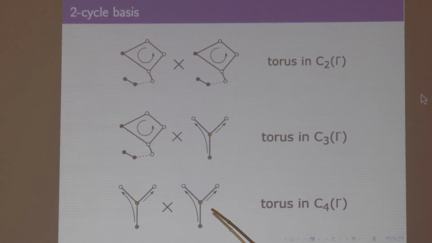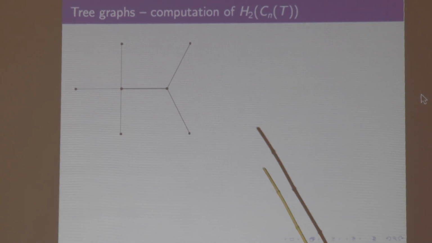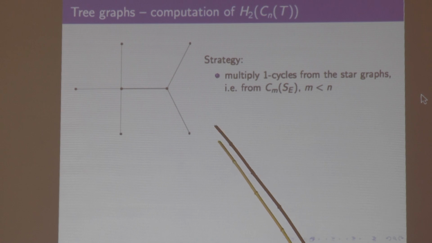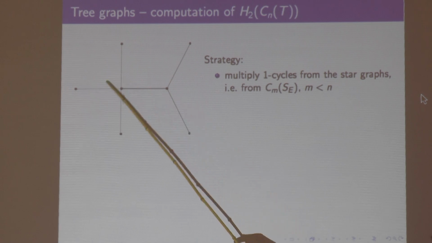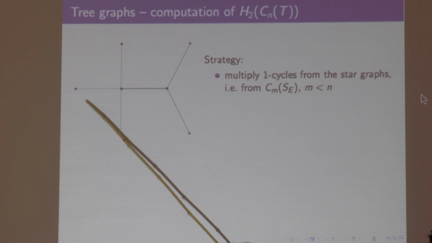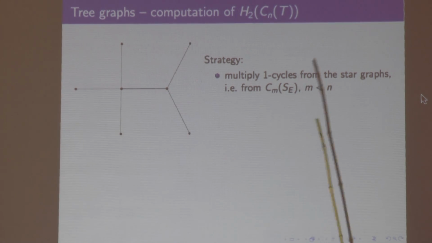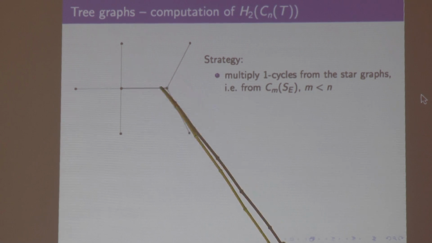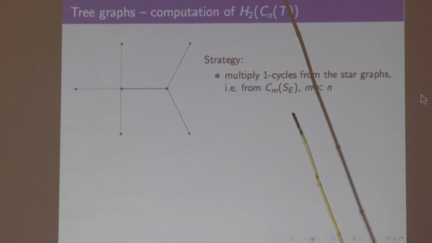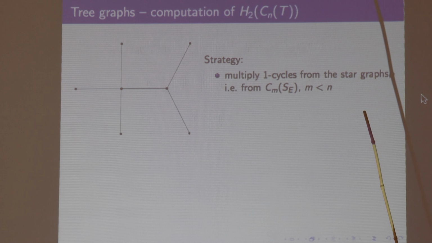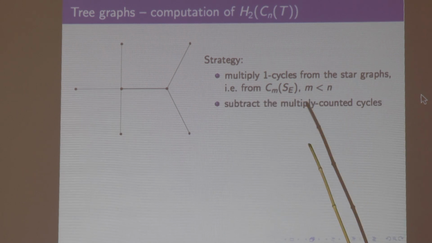So our idea is just to look for those tori and see what the number of those tori is in this big configuration space. The simplest example is 3 graphs. The idea is to put some number of particles on one star graph and some number on another star graph, look at all possible 1-cycles and multiply those cycles. Then we get a number of tori.